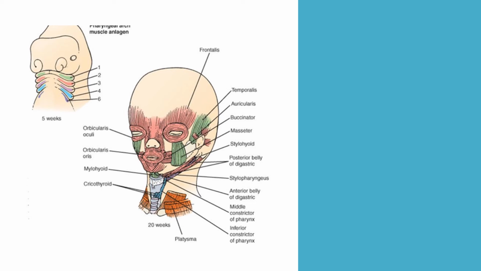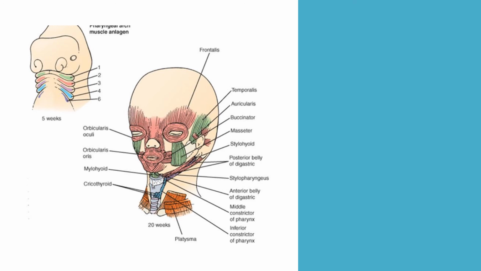Next one is the third arch. From the third arch, the stylopharyngeus muscle is forming. It is supplied by the glossopharyngeal nerve. And the fourth arch: the muscle developed from the fourth arch is cricothyroid. This cricothyroid is supplied by the superior laryngeal nerve, through its external laryngeal branch.